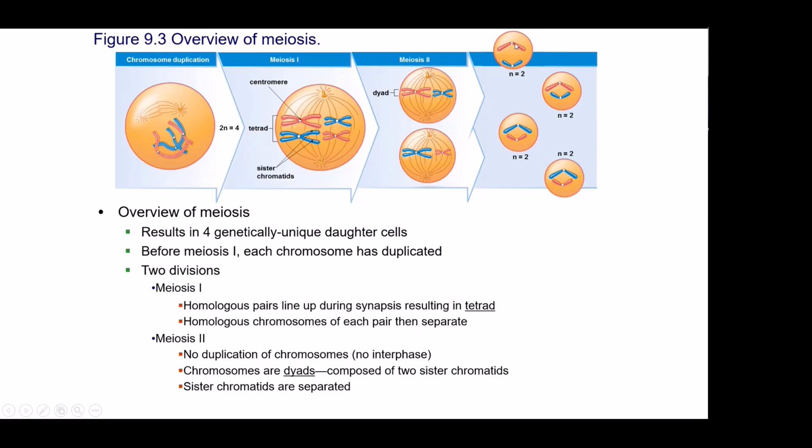So in meiosis 2, these two cells are identical to each other and the parent, but we have created new diversity based upon which one lined up where in this whole process.